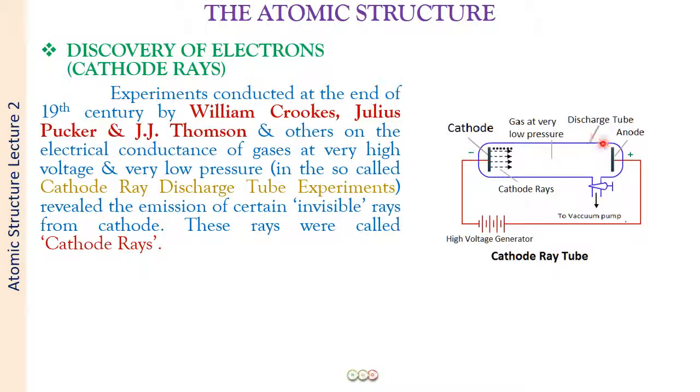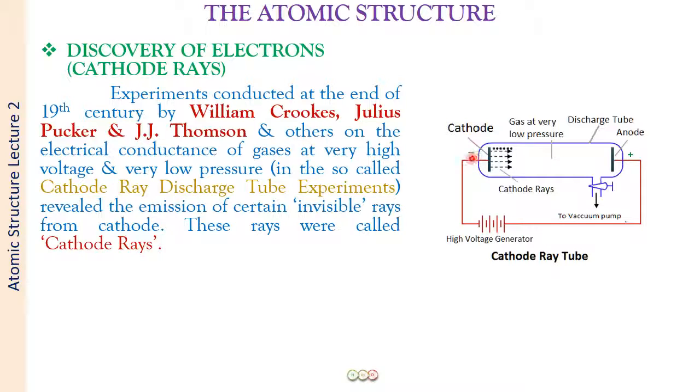Basically, this is a glass tube. It has two metal strips fitted at the ends, and then it was sealed, and it has a side tube fitted with a cork, which could be attached to a vacuum pump so as to adjust the pressure inside the discharge tube according to the gases they were taking. Then a gas was filled into this tube to check the conductance of electricity through it.